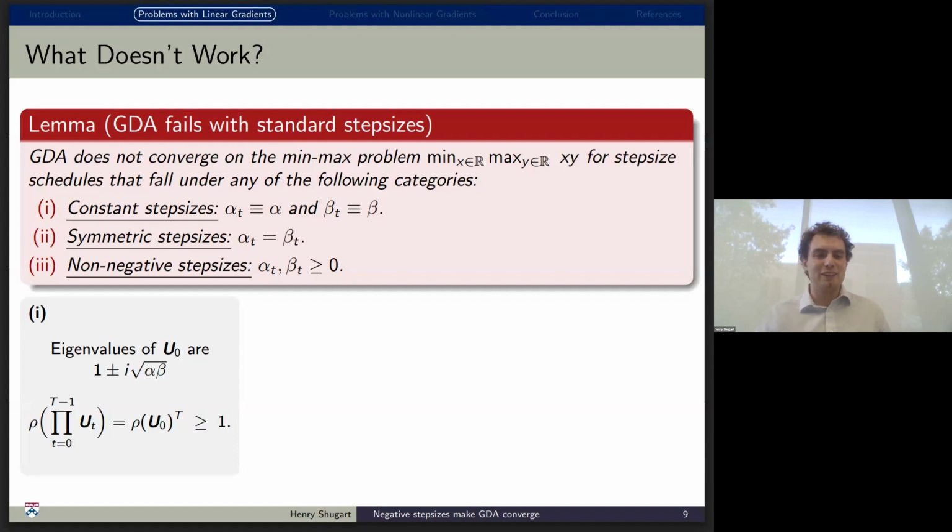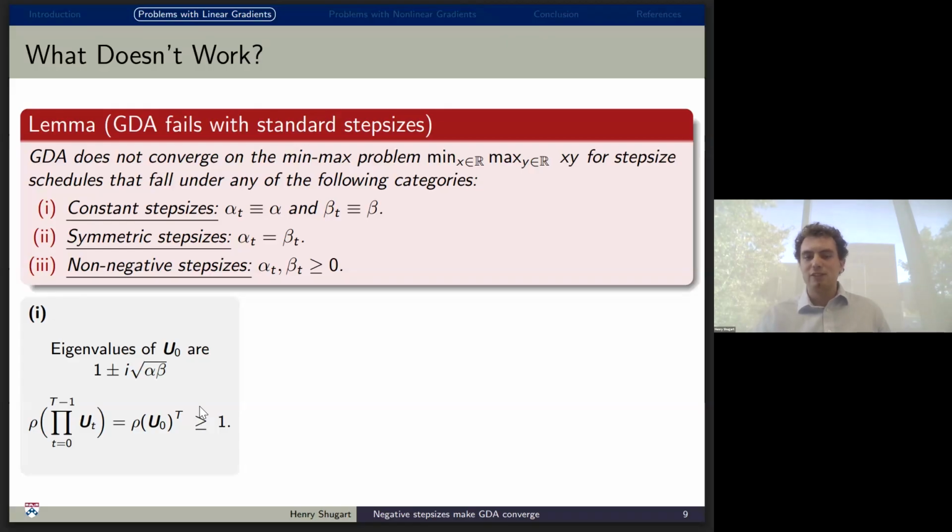Okay, so to show that constant step sizes don't work, all we have to do is look at the eigenvalues of the update matrices U_t. They're all the same, so it's the same as looking at just the update matrix U_0. The eigenvalues are in fact 1 plus or minus i times the square root of alpha beta.